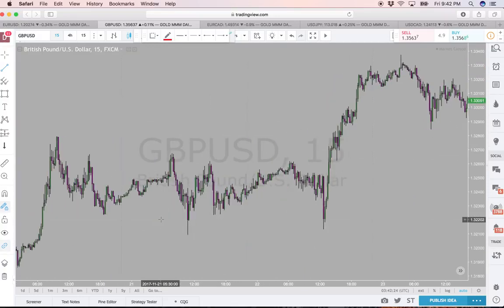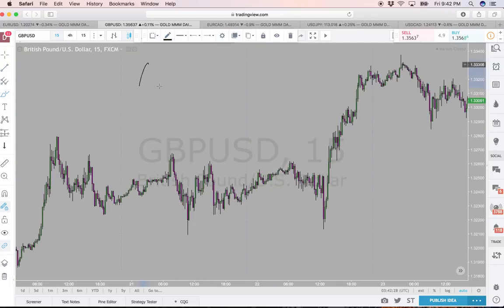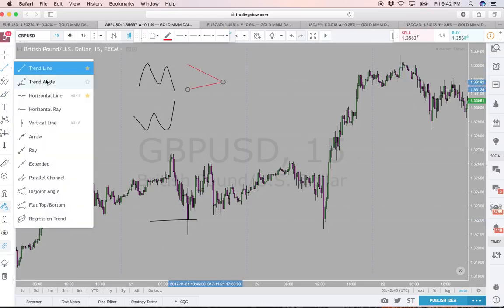Okay, it's based around the M or W formation, but also takes into consideration the wedge formation. Now, how does this work?